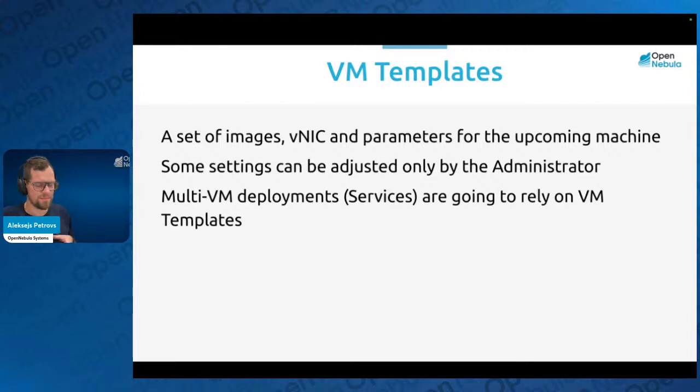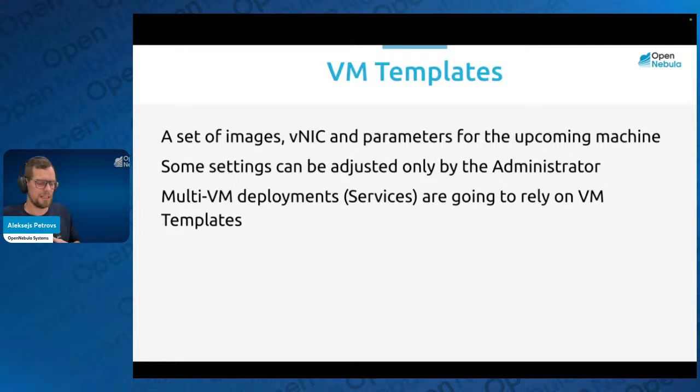It might be the operating system image, but it also might be a set of files or some kind of data or whatever you are storing there. So you might use multiple images. Also, a virtual machine template is a set of virtual network interfaces that you'd like to be attached to this virtual machine when you deploy it. So that, again, is quite important.